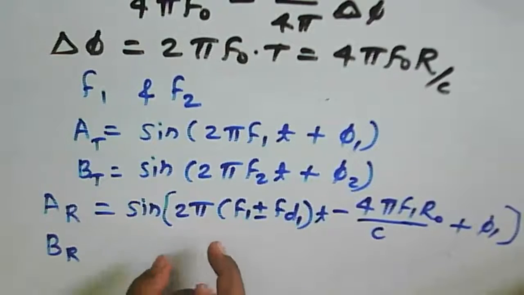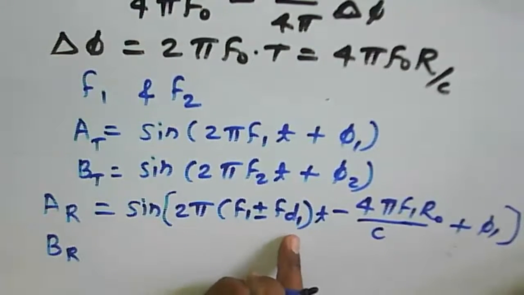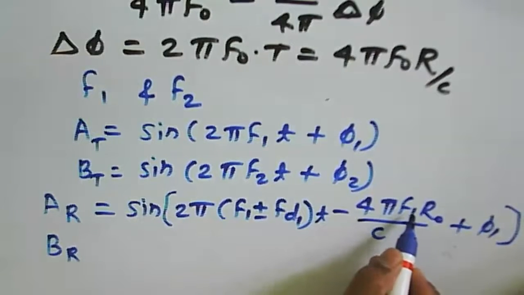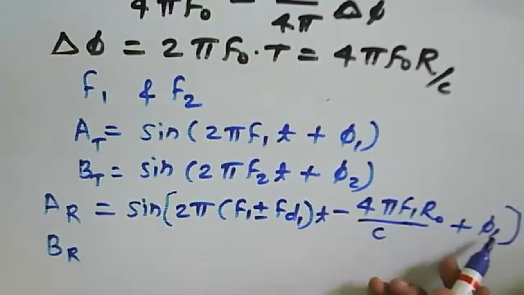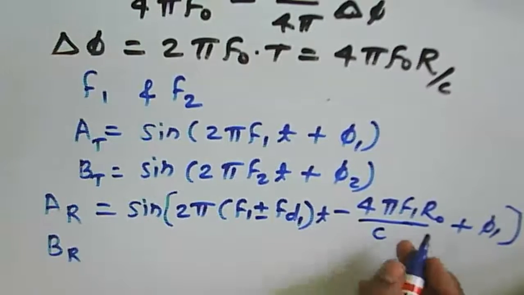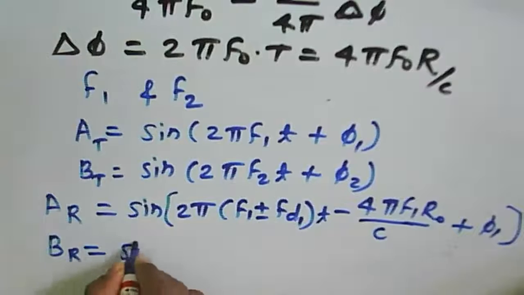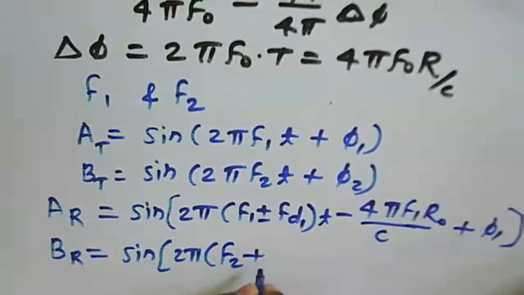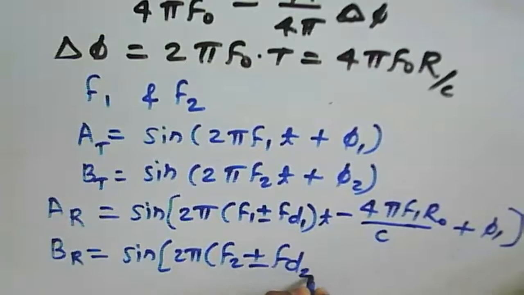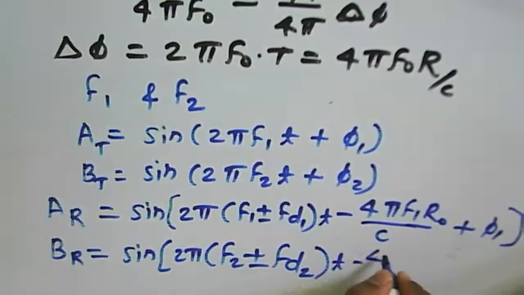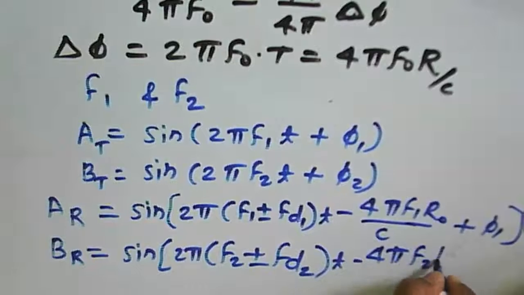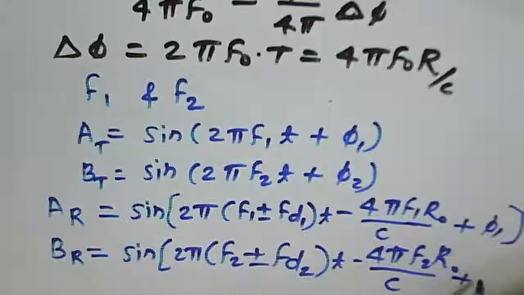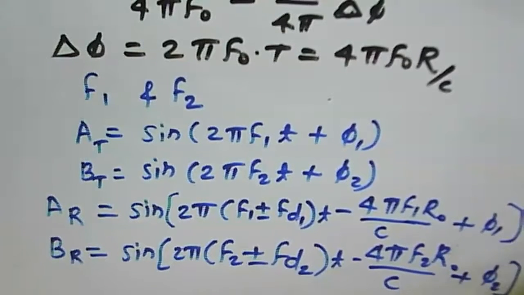That is again the same, but instead of F1 there will be F2, and the Doppler shift frequency will be FD2. Instead of phi 1 there will be phi 2. So we can write sine of twice pi, F2 plus or minus FD2, t, minus 4 pi F2 R. Same range, so that's why we write that.